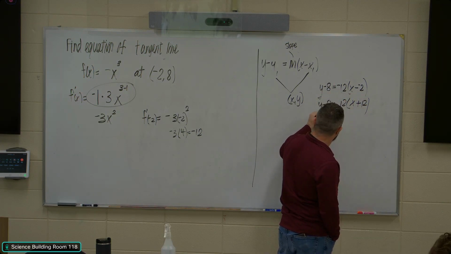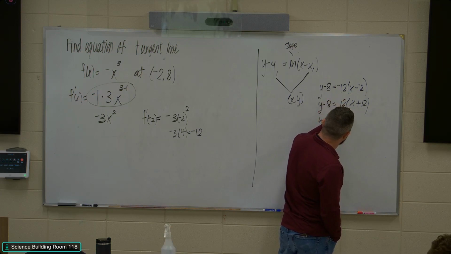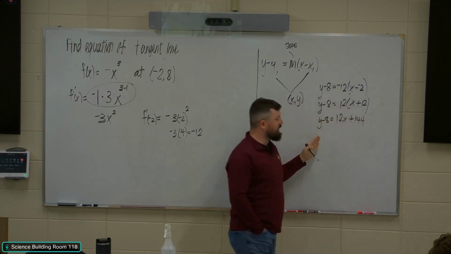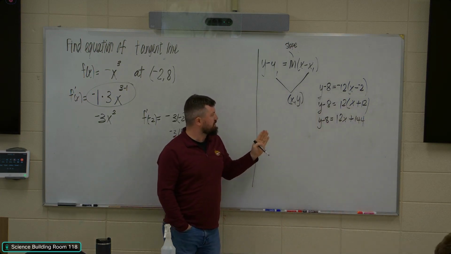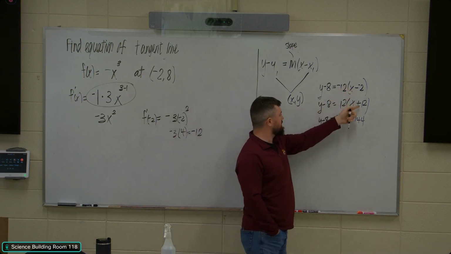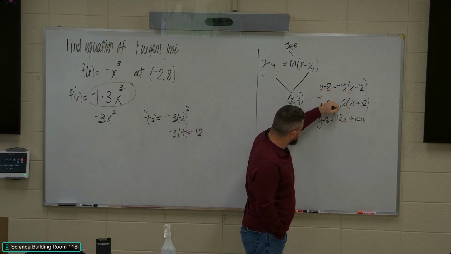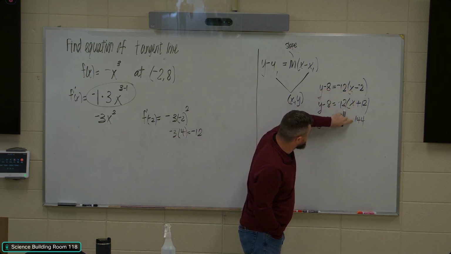You're just getting rid of the parentheses, distributing the 12, and getting the y by itself. Wait just a second, that was minus a negative. This is -12, and so this is minus 144.